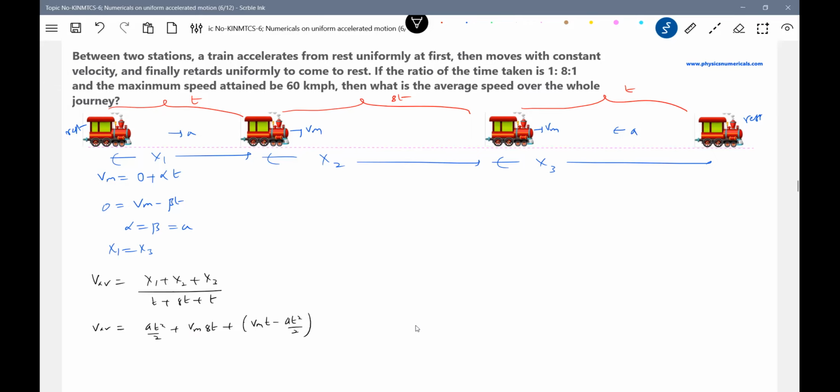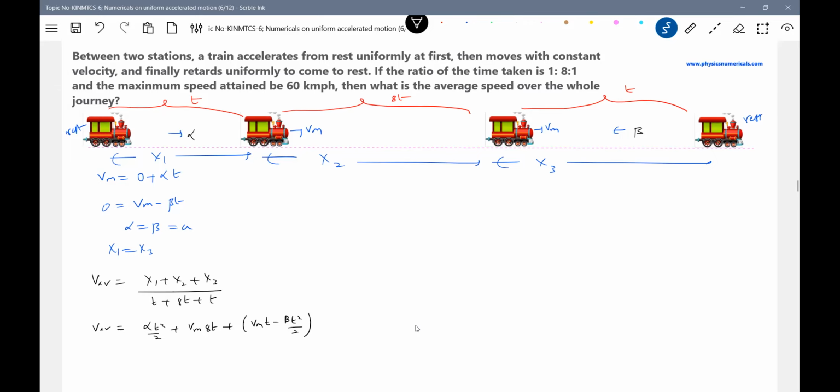But we know Vm is equal to... I think I'll write these symbols. Some of you are getting confused. We know alpha equal to beta. Can we also write Vm equal to alpha t?